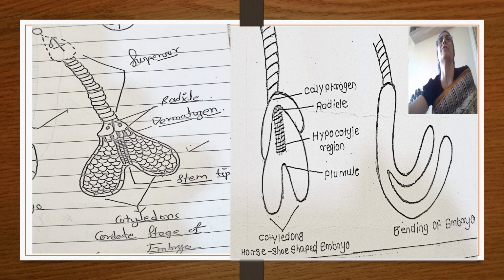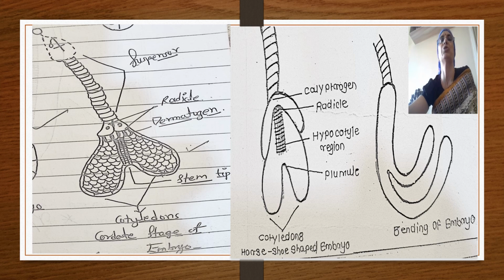Dermatogen will become the future epidermis, periblem will become the future cortex, and plerome will become the conducting tissue, because the first root formation will take place and it will be continued in the shoot throughout the plant. All these stages are seen in VS of the seed of Capsella bursa-pastoris.